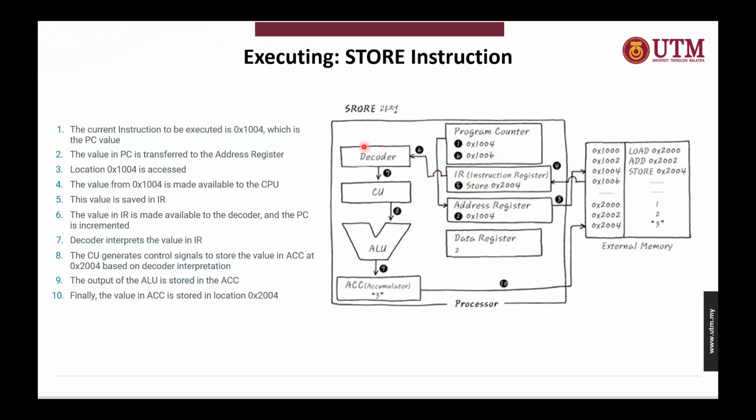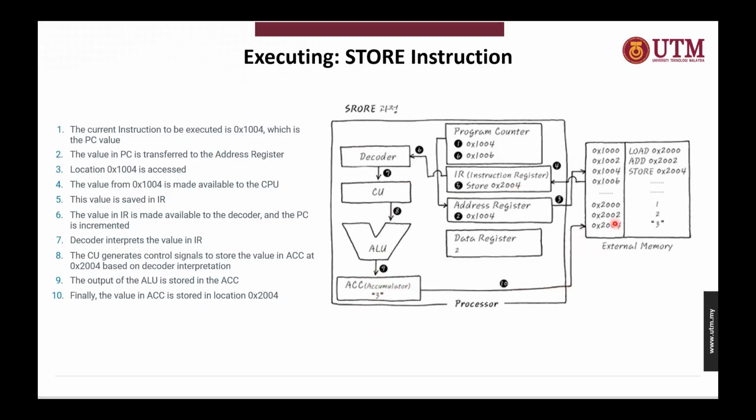And once the decoder translates the STORE 2004 to machine code, the control unit knows that now we need to store the previous value to this address 2004. So it will go to the accumulator, take the result, and find address 2004.